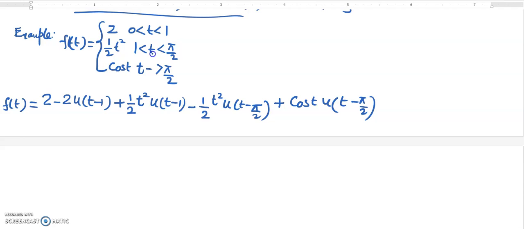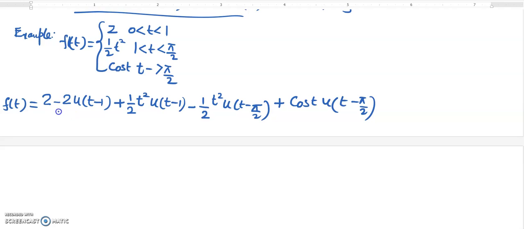Okay, for any value between 1 and pi by 2, this function should be equal to half t square. So this will be 2, and then this u of t minus 1 will be 1. So 2 minus 2, that is 0. So these two terms will be 0.